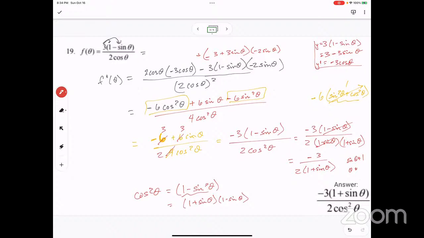Oh wait, wouldn't cosine squared equal 1 plus sine squared, not 1 minus sine squared? Isn't the formula sine squared plus cosine squared equals 1? Yeah. So wouldn't that mean that cosine squared is 1 minus sine squared?